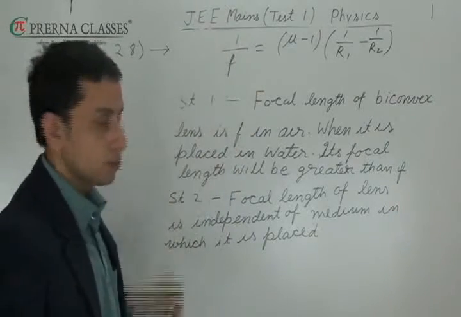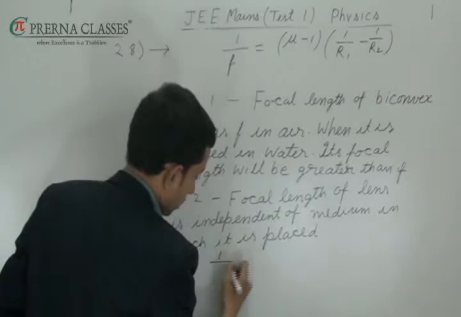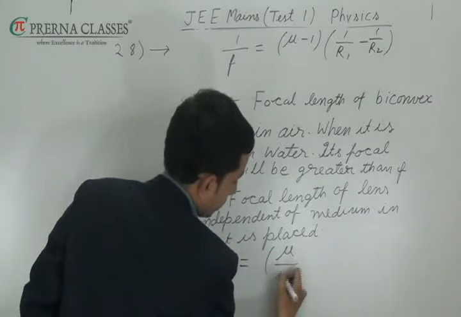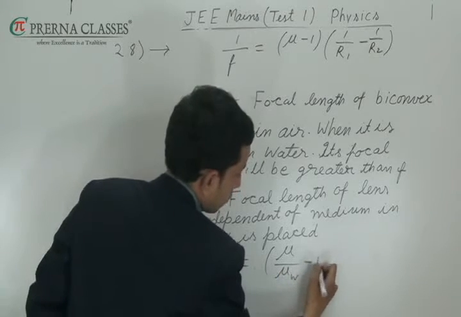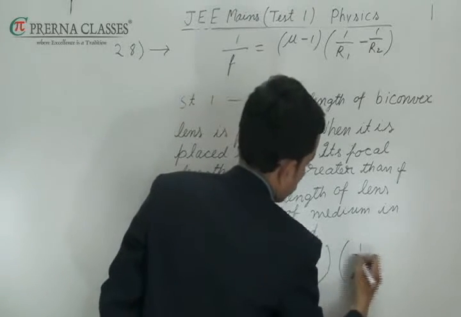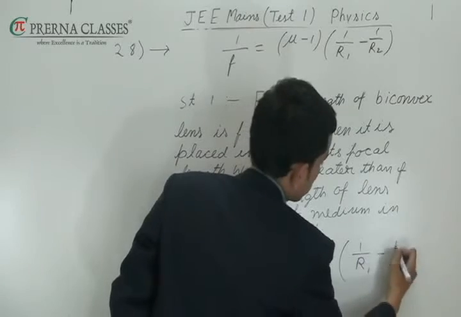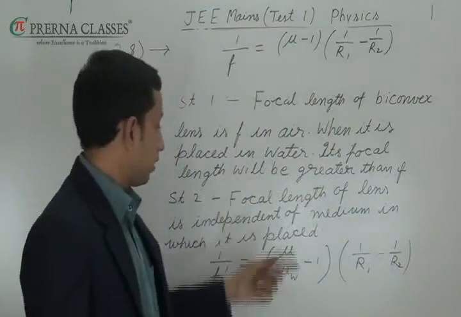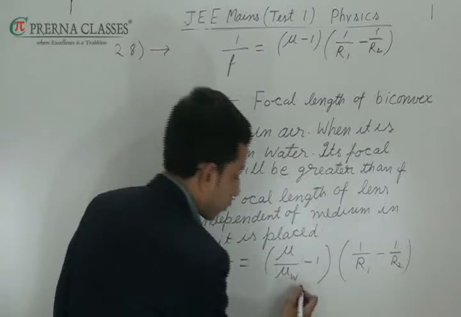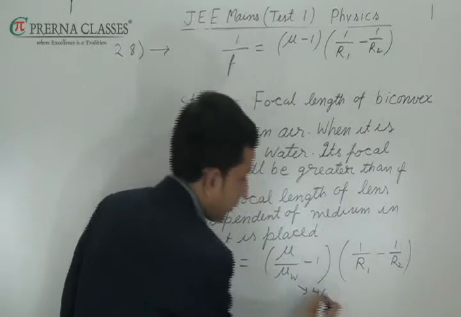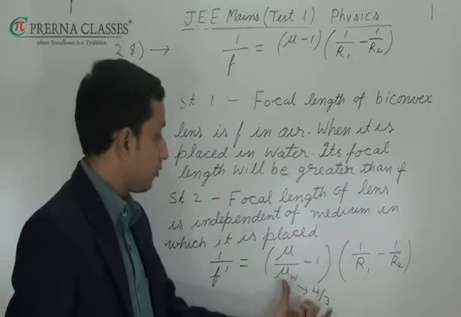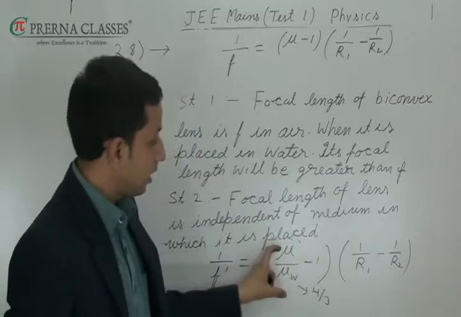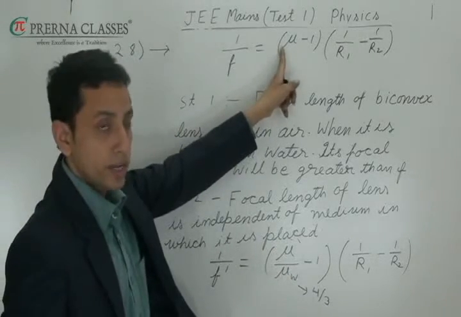Now if this lens is put in water, f dash is given by mu of water minus 1 by r1 minus 1 by r2. Now you can see if the refractive index of water is 4 by 3 and you put the value 4 by 3 here, the whole term will be less as compared to the first term.